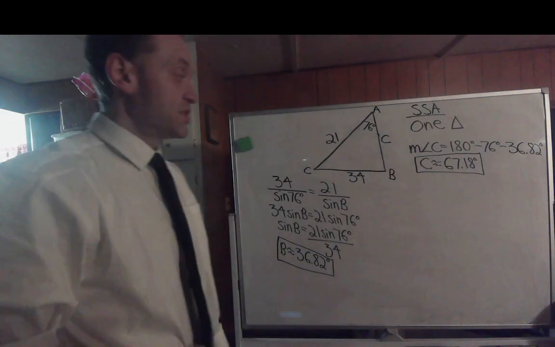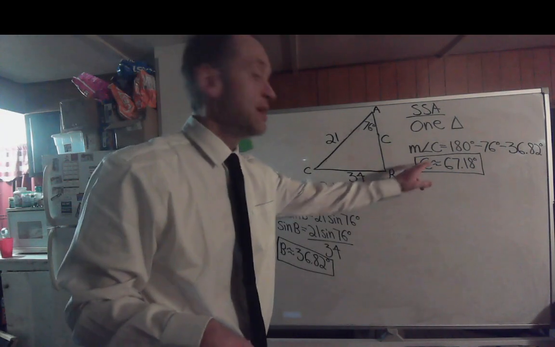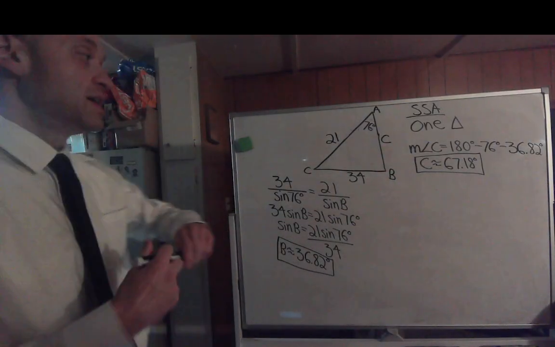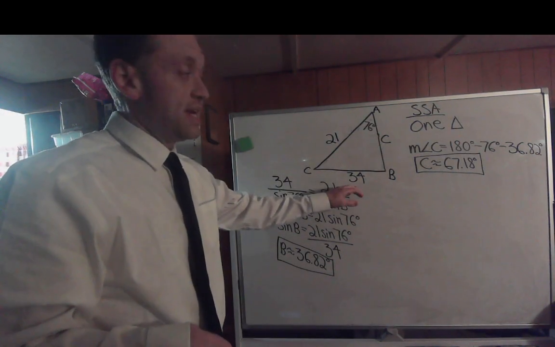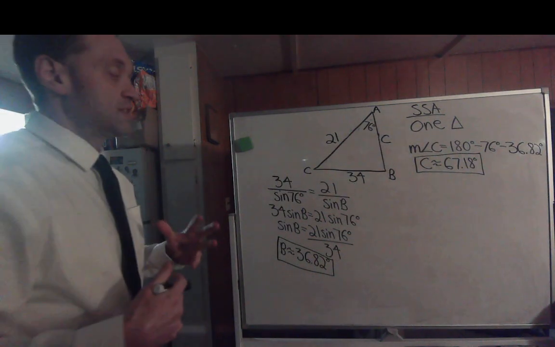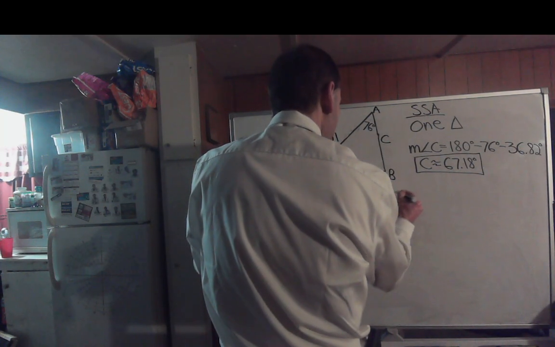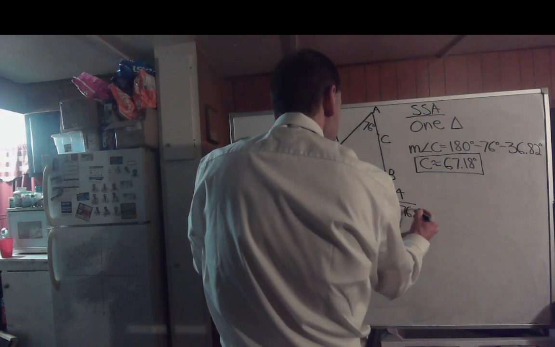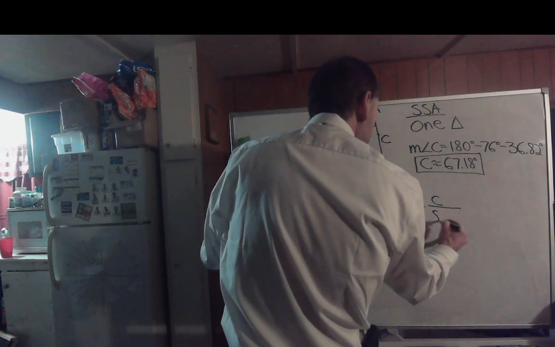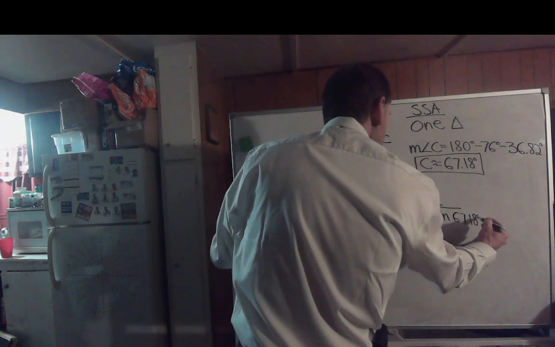The only thing that's left to do then is solve for side C. And since we have only one possibility for angle C, we have only one possibility for side C. So we have an exact length on side A and an exact angle for angle A, so why don't we relate C to angle A? So we can take that 34 divided by the sine of 76, set that equal to side C, which we don't know yet, divided by the sine of angle C, which would be 67.18 degrees.